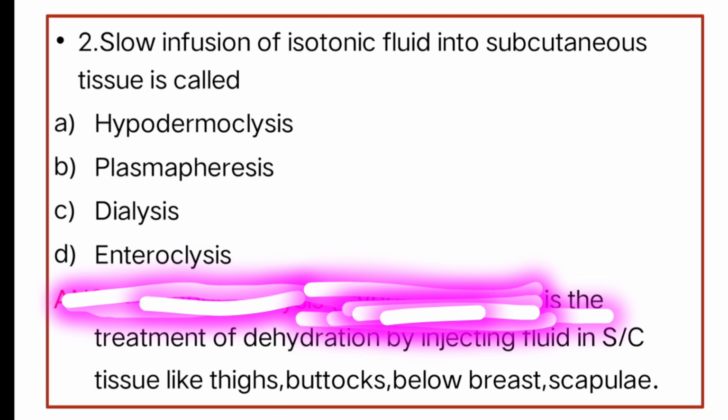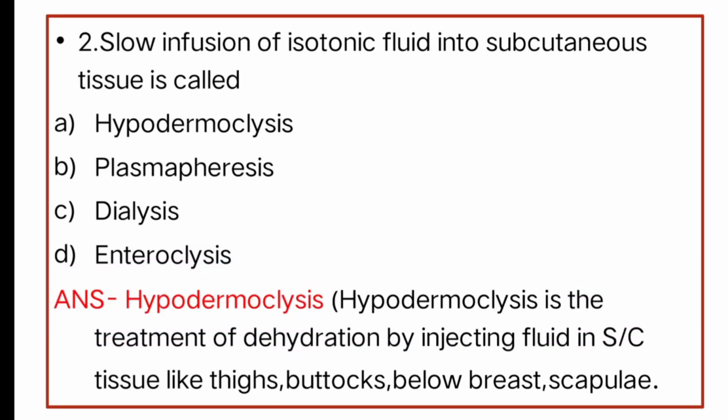It is a method of rehydrating. When oral rehydration or intravenous fluid rehydration is not possible for the patient, we administer the slow infusion of this isotonic fluid into the subcutaneous tissues like thighs, buttocks, below the breast and scapulae. This is known as hypodermoclysis.